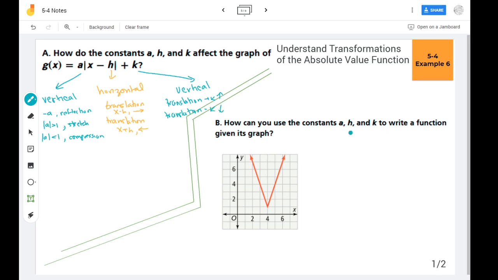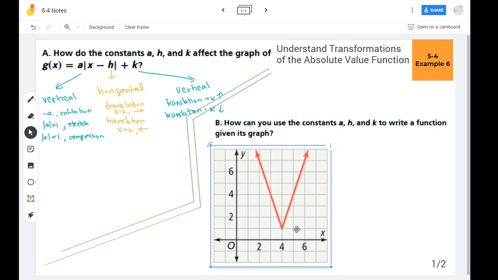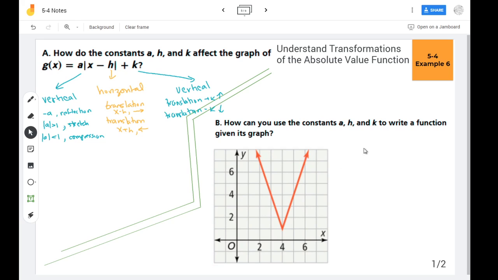So what we're going to do is look at a graph of a function. I'm going to make it slightly larger for those of you watching the video. And we're going to identify our a, h, and k values. And once I know those values, then I'm going to create my formula. So the first thing I'm going to do is look for my a value.